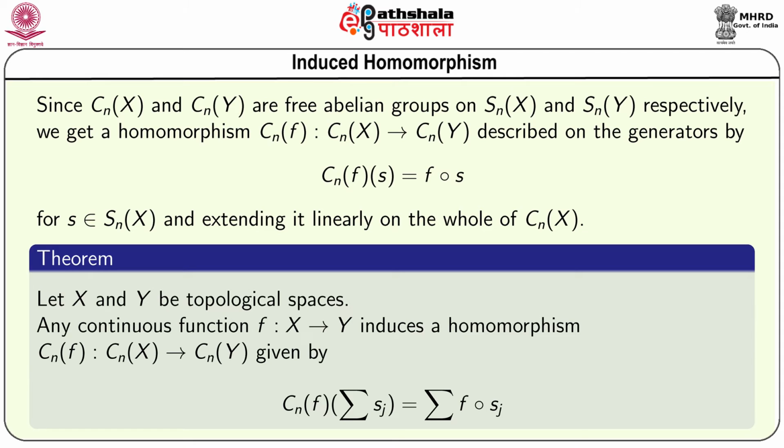Now, we prove a theorem which says that if X and Y are topological spaces and we are given a continuous function f from X to Y, then that f will induce a homomorphism C_n(f) from C_n(X) to C_n(Y), which is given by C_n(f) operated on any element Σ s_j of C_n(X) giving a member Σ f∘s_j in C_n(Y).